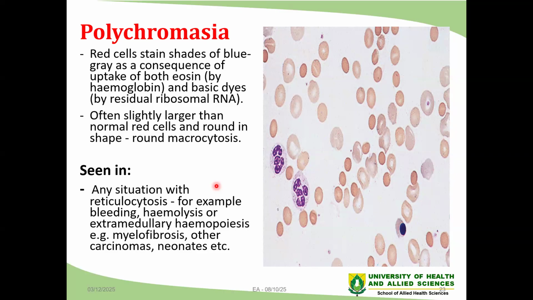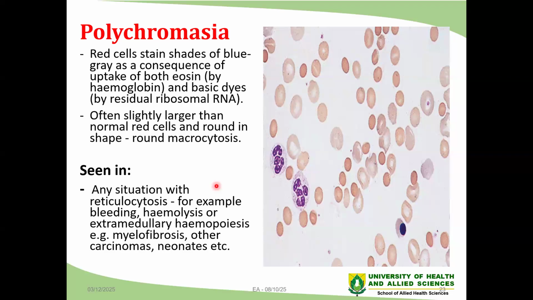In polychromasia, you have a little bit of an excess of the blue staining, the basic dye that is supposed to stain the nuclei of any nucleated cell, like the white cells or a nucleated red cell. But in this case, the methylene blue is also being picked up a bit by the cytoplasm of the red cell.